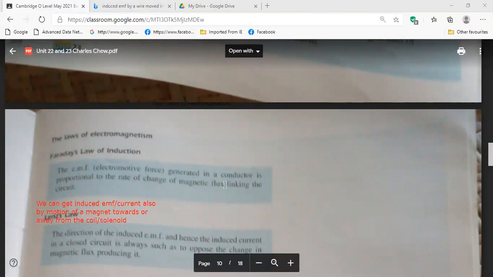Beside flux, give a slash, then you write magnetic field lines density.